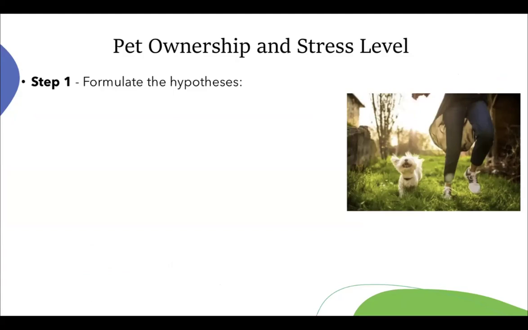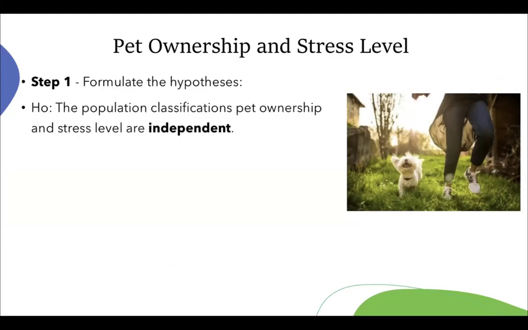So we're going to go through the same steps, but you'll notice that there are some differences here. The hypotheses are formulated without any statement about a population mean because there is no mean in the chi-square distribution. The population classifications pet ownership and stress level are independent.